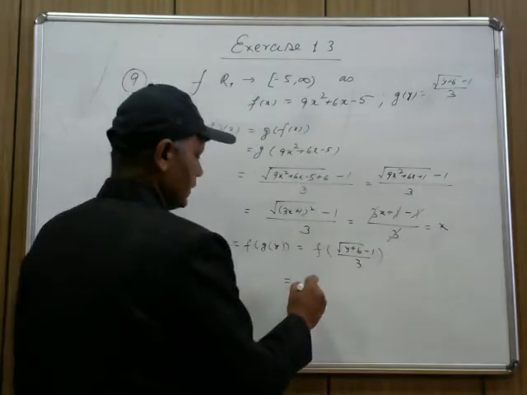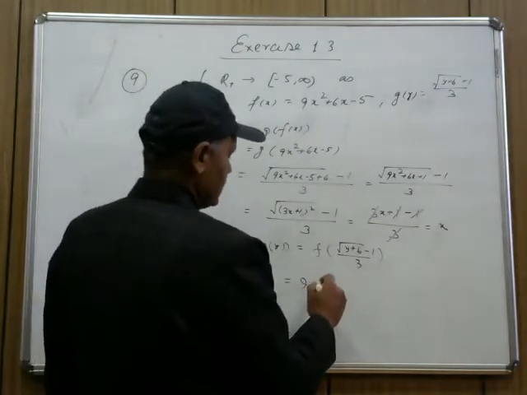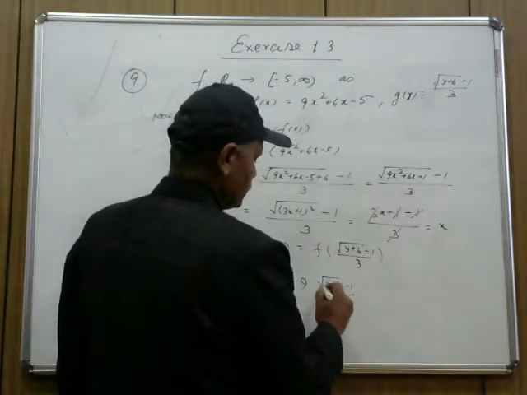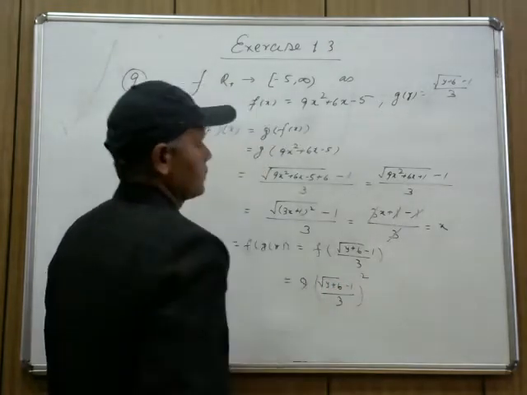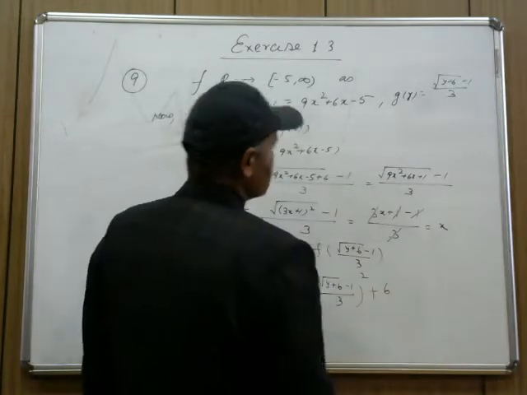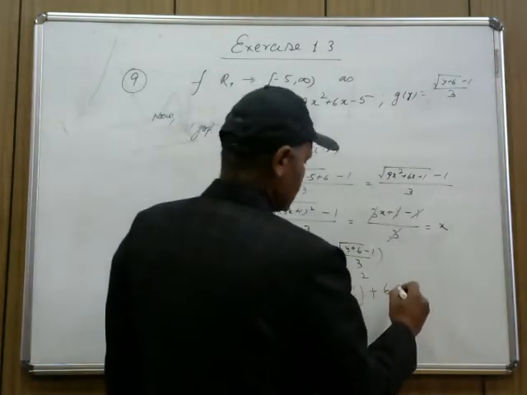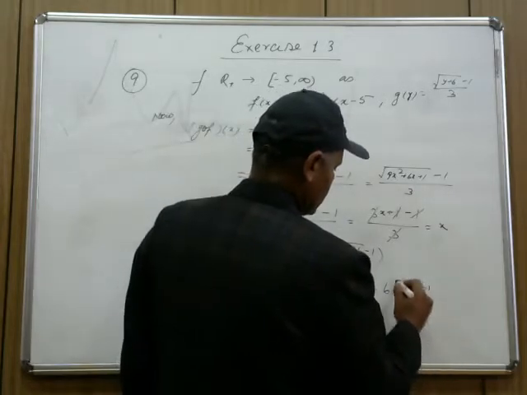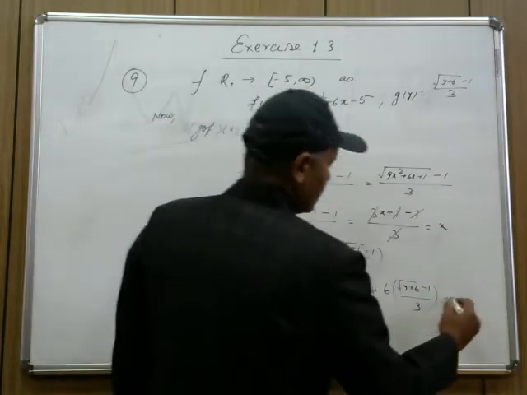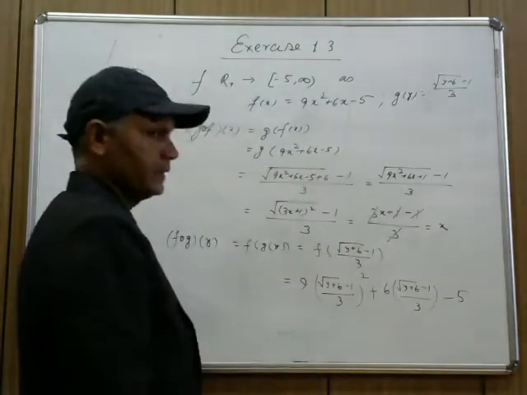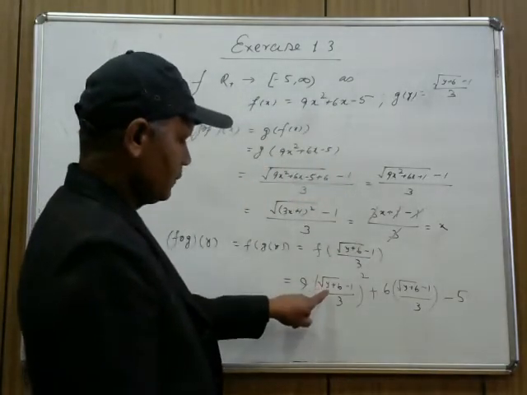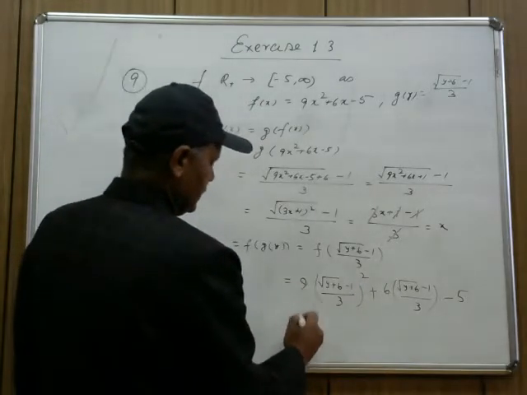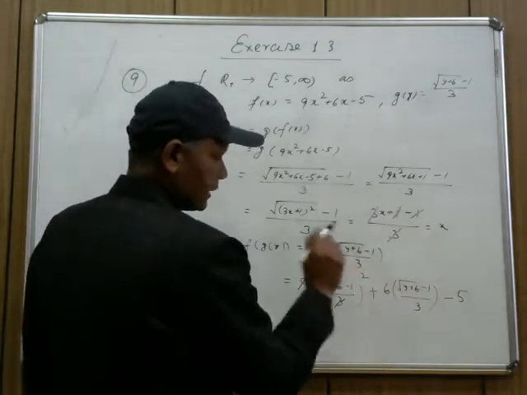So now I write here 9 in bracket under root y plus 6 minus 1 upon 3 whole square, plus 6 times, in place of x, under root y plus 6 minus 1 upon 3, and minus 5. Right? Now I can cancel this 9 with the 3 whole square.